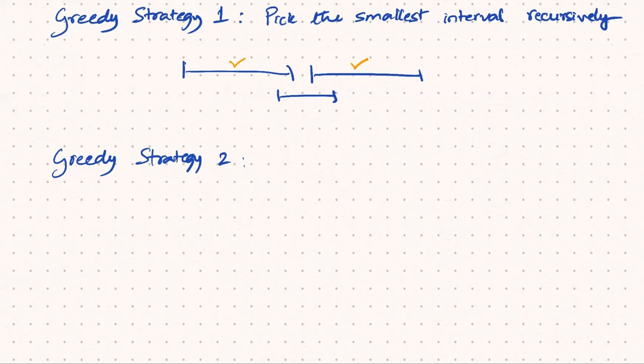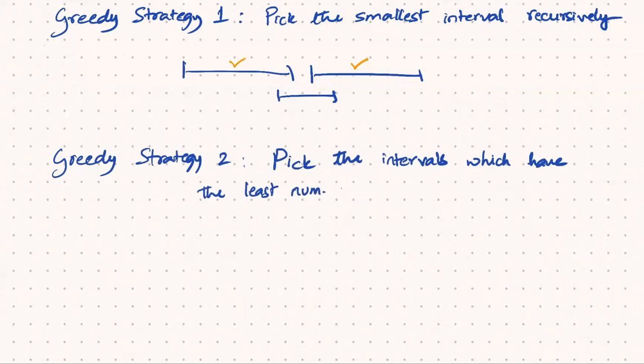We'll just end up throwing out a few intervals. So pick the intervals which have the least number of overlapping intervals.